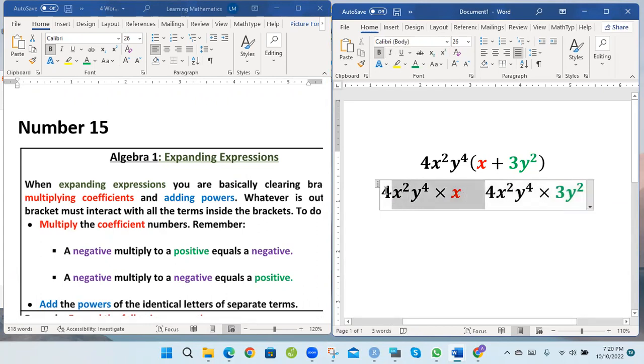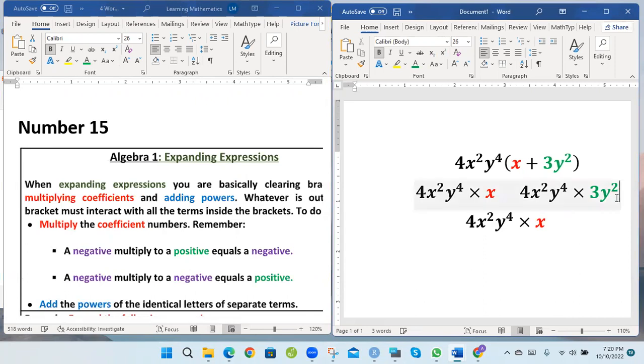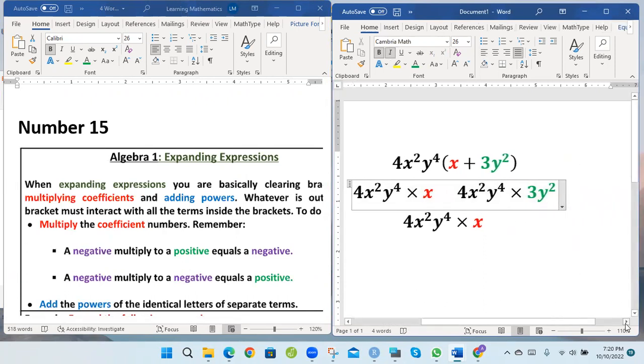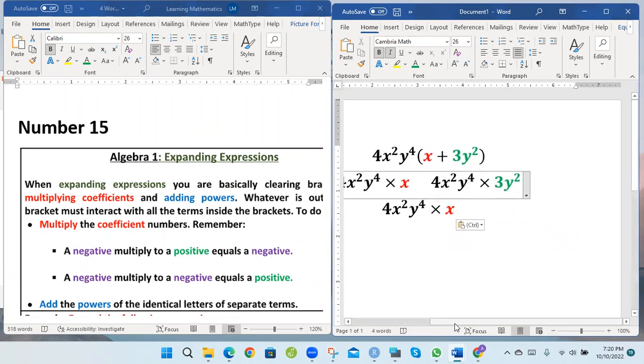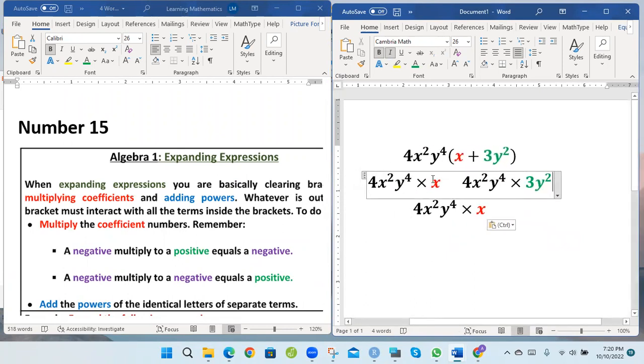So in this here, multiply 4 by 1 because there's an invisible 1 in front of the x. So 4 ones are 4. But there's x. This is x raised to the power of 1.